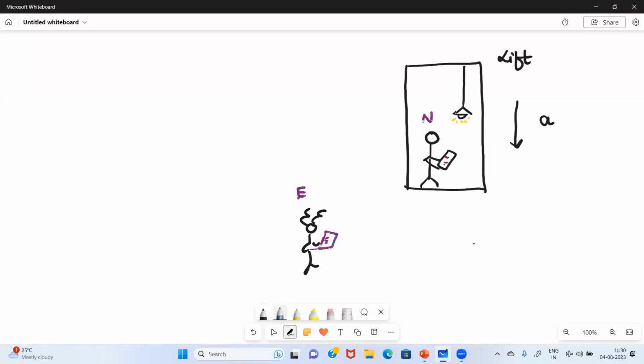What are the forces which are acting on this book to keep it as it is? One is mg, correct. Another one. Somebody saying magnetic force? Balanced force.